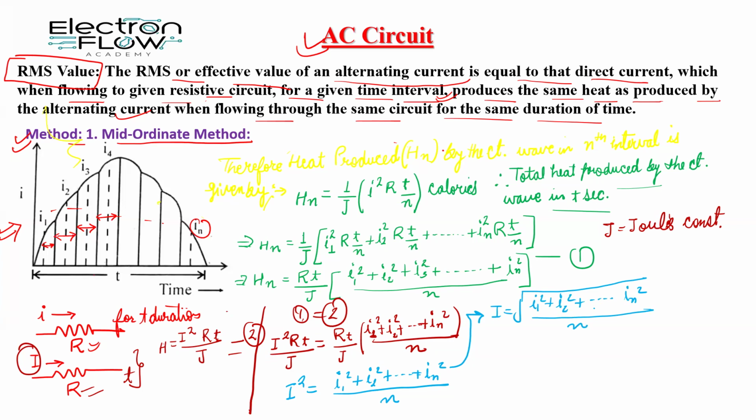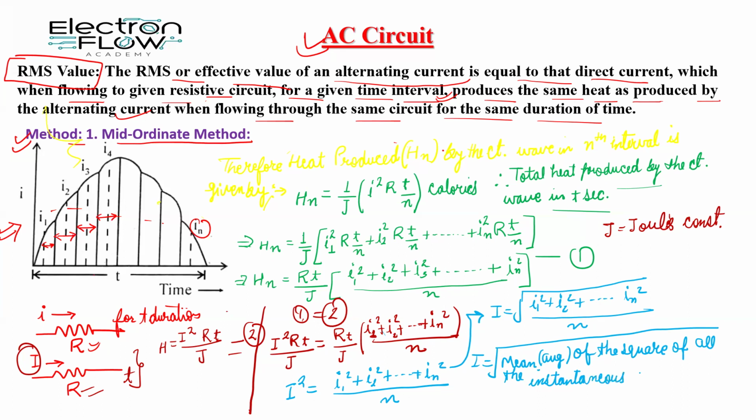So from this expression, we can say that the value of I is nothing but the square root of the mean, or we can say the average, of the square of all the instantaneous values of current.